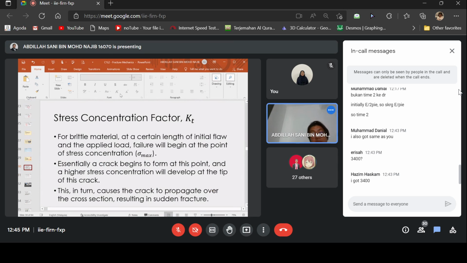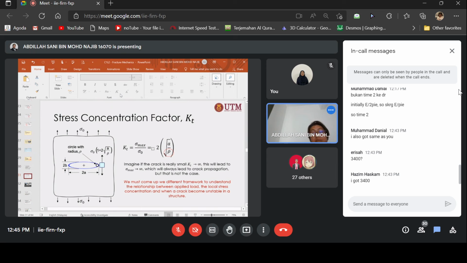So now, imagine if the crack is really small.